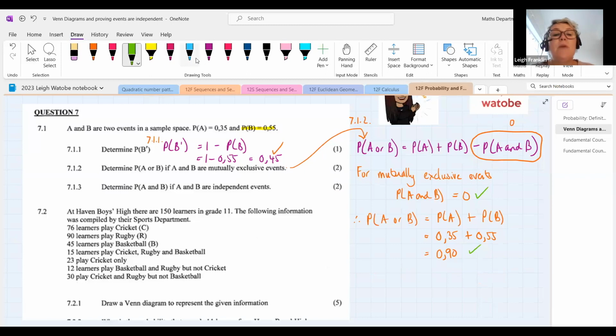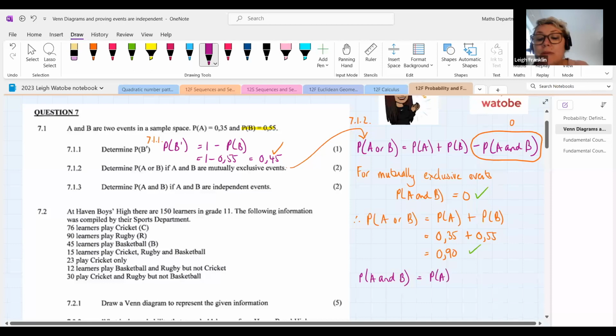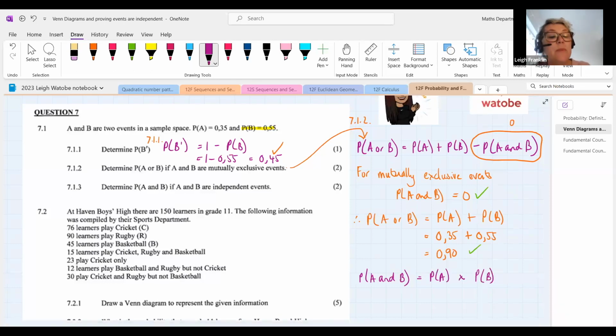Often referred to as our product rule. There we go. Well done, Cheslin. And Nhlanhla again, good, well done. So the probability of A and B is equal to the probability of A times the probability of B. Yes, lovely, good. You guys know your probability really nicely. Okay, good stuff.